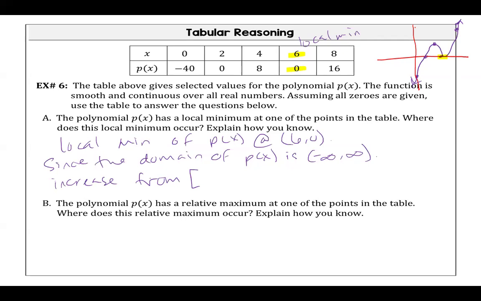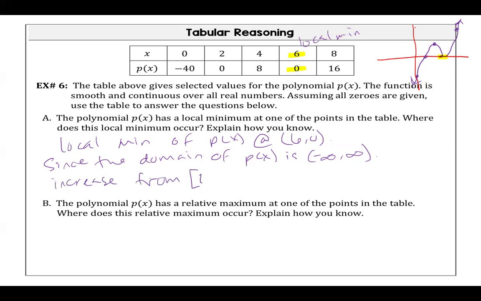Where am I increasing, guys? We increase from 0 to 4. Well, infinity, technically. That's not part I. Where are we increasing around the minimum? From 6 to infinity, right?